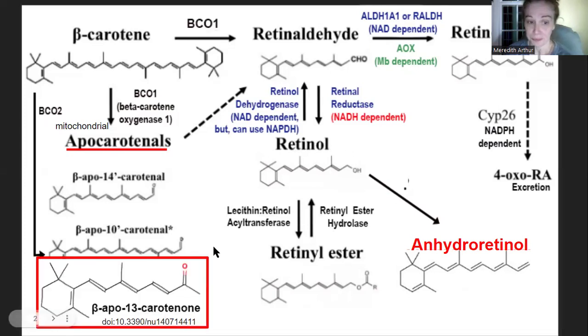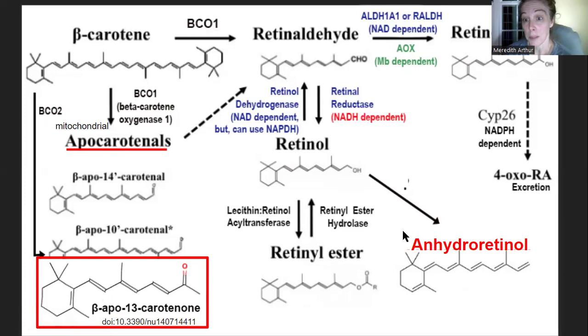Okay, so then also we can make this other form, beta-apo-13-carotenone this time. So this particular one, I've not seen anything that it can act like anhydroretinol. I haven't seen that, but what it does do is this is made under oxidative stress.